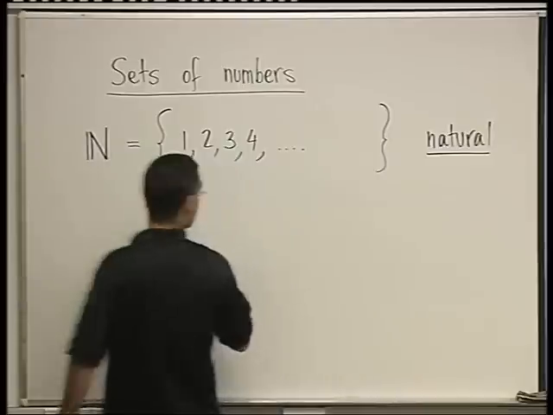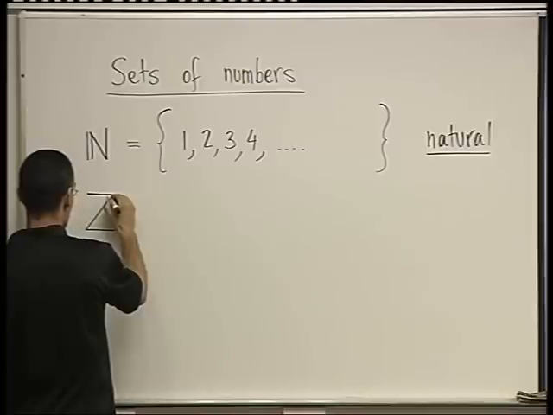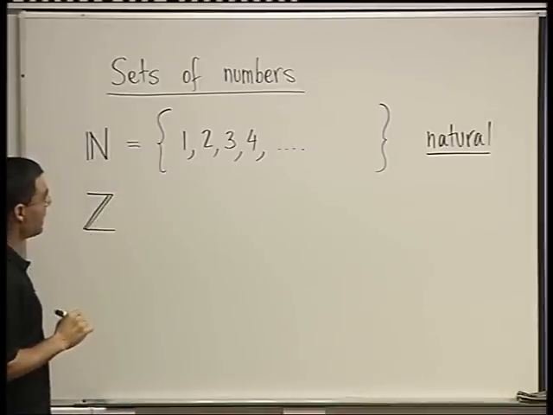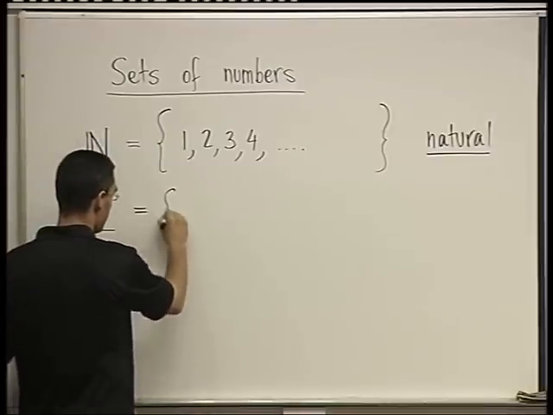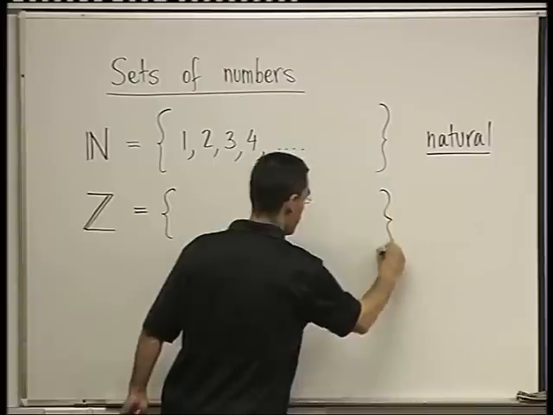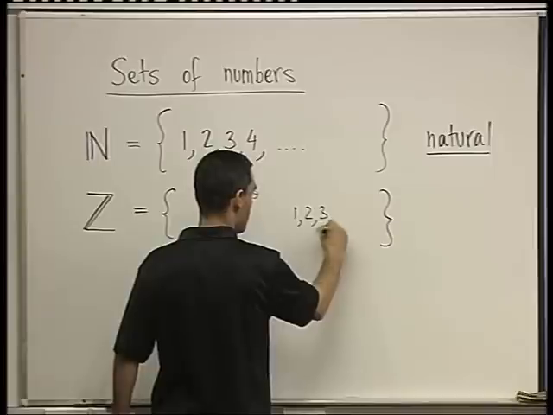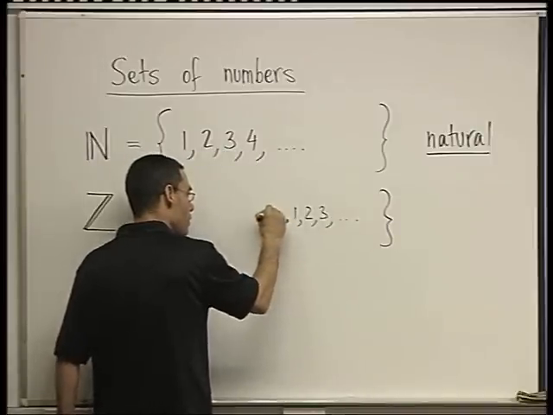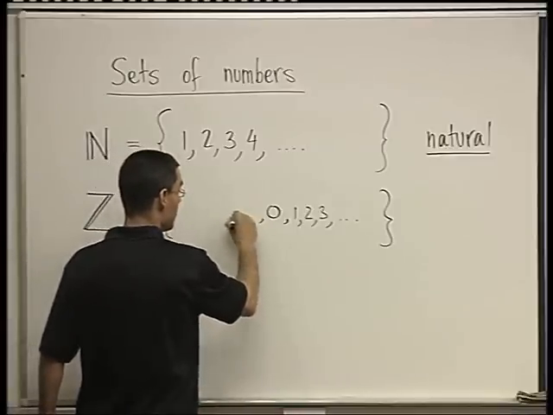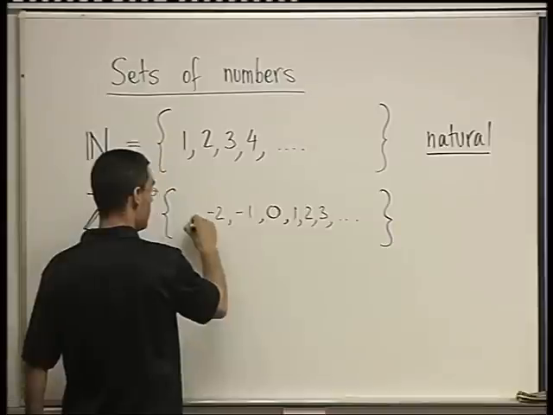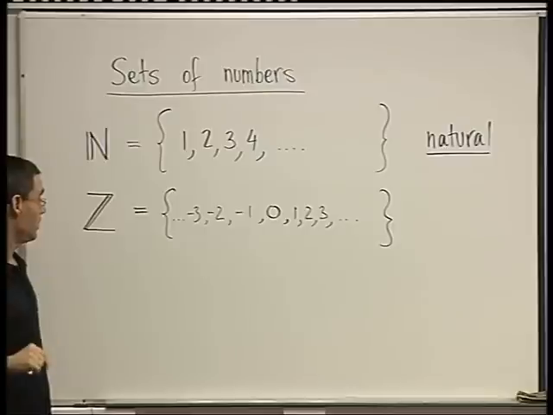The next set that we want to discuss is the set which we denote by a Z with a double leg here. And this is the set, remember, this indicates a set where we take all the natural numbers, 1, 2, 3, etc., but we also throw in a very important number called 0, and we throw in negative integers, -1, -2, -3, etc. So there are dots going in both directions here.